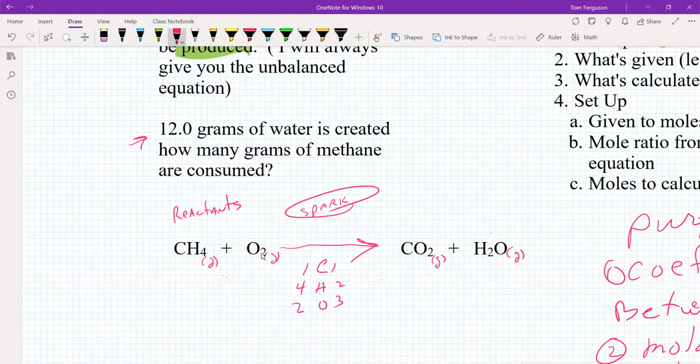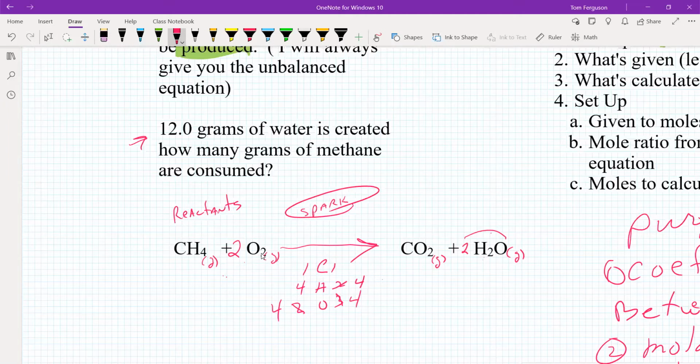So if we fix the hydrogens, since the carbons are fine, we put a 2 here, that jacks that up to a 4, and that changes our oxygens, because we have 2 oxygens here and 2 oxygens here, so that makes 4 oxygens. Okay, so if we put a 2 here, that gives us 4 oxygens. So now it's balanced.